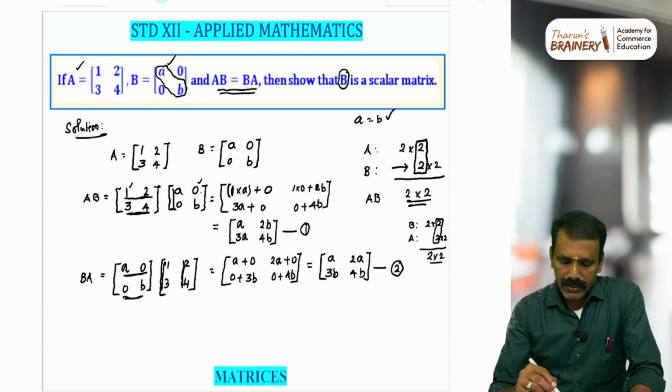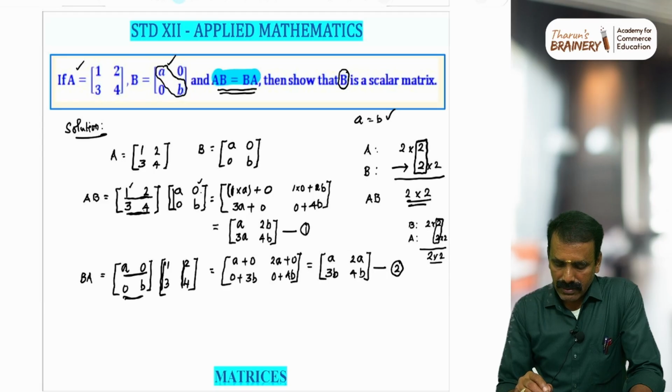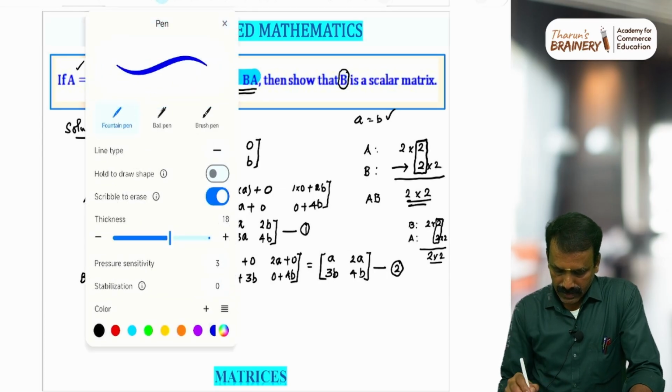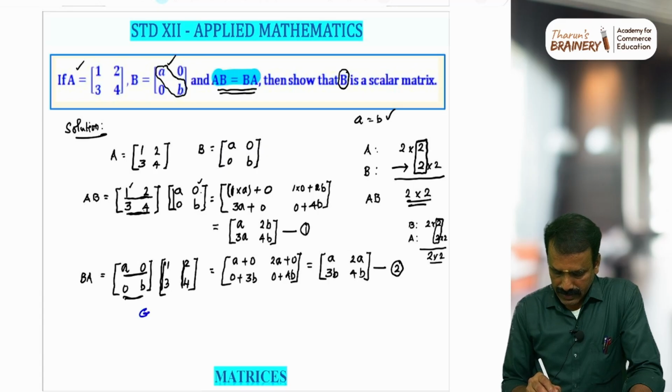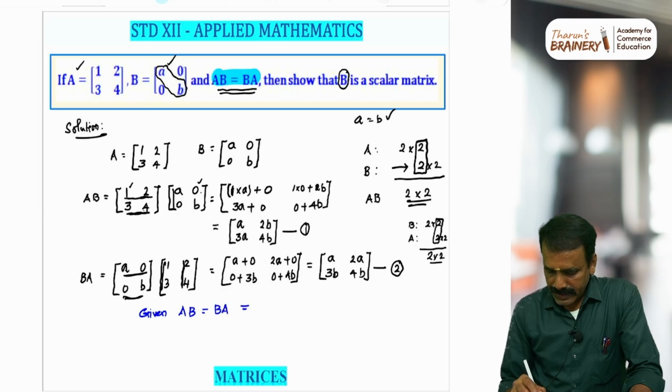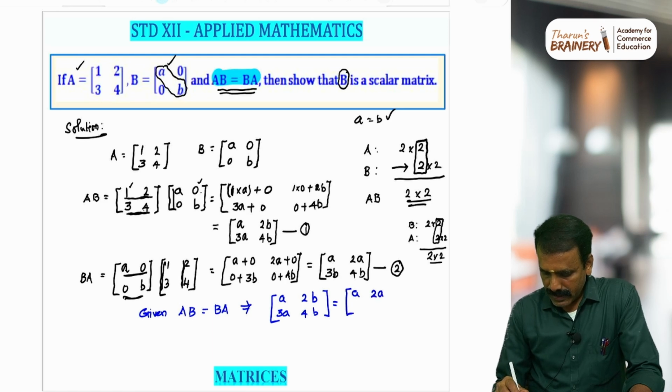Now what is given to us in the question? It is given AB is equal to BA. So what will this imply? This implies A, 2B, 3A, 4B is equal to A, 2A, 3B, 4B.